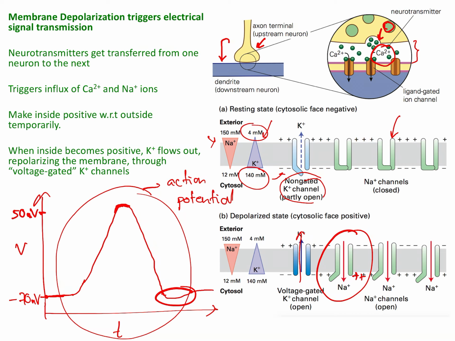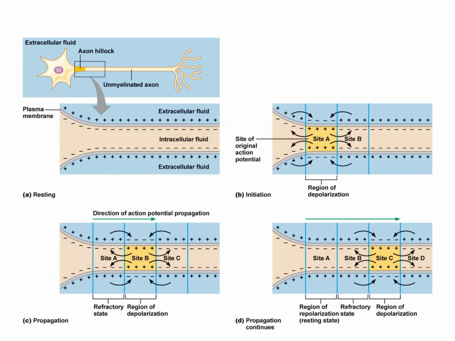So now we know how an action potential is generated in a local patch of the neuron. But we have not talked about how this action potential actually travels along the axon. For this, let's look at this image. Here is a neuron. This is the axon hillock where the action potential is first generated. In the resting state, the intracellular fluid is at a negative potential with respect to the extracellular fluid.